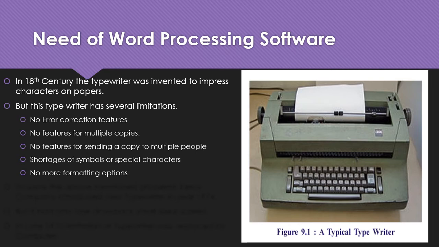If you want multiple copies, again we need to type. So there is no feature for multiple copies. If you need 10 copies, we have to type 10 times. There was also no feature to send one copy to multiple people. Again we need to type it.